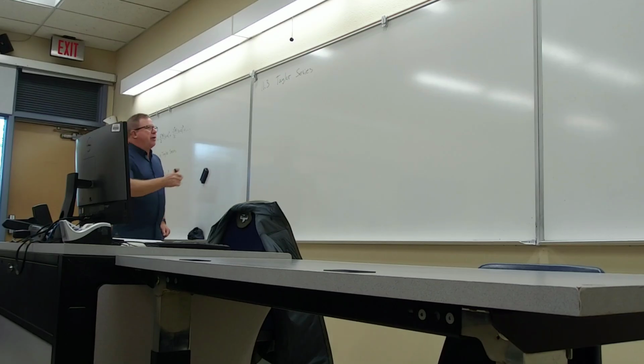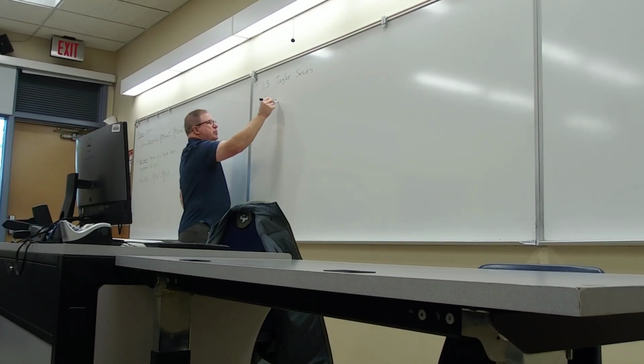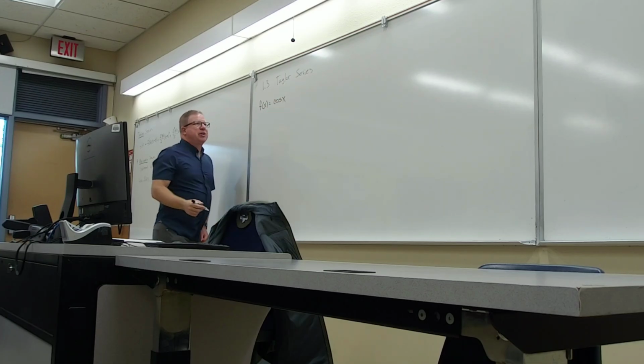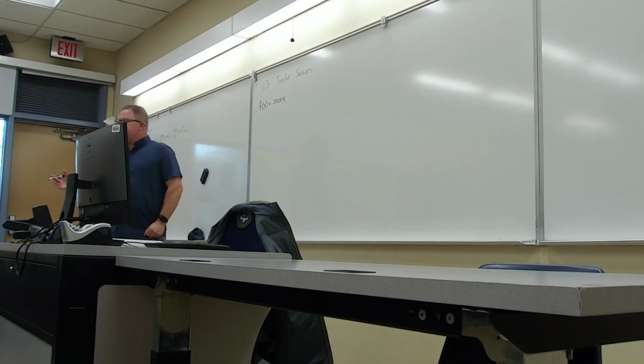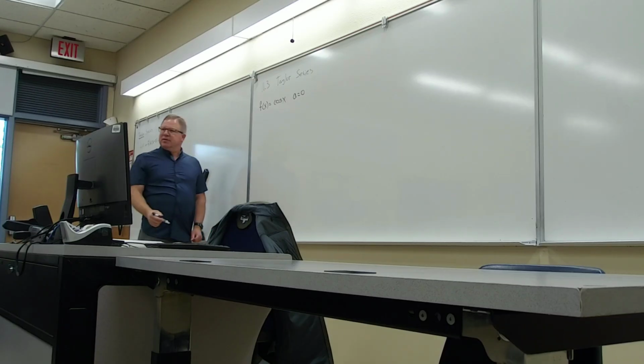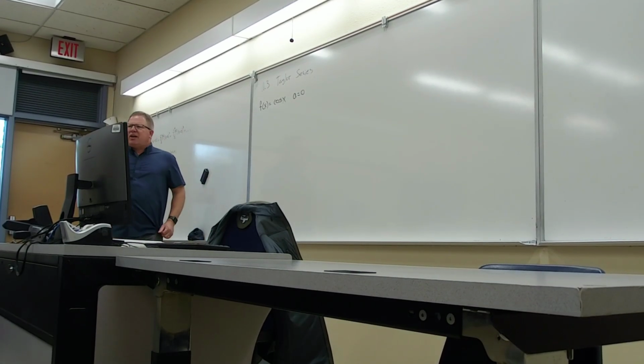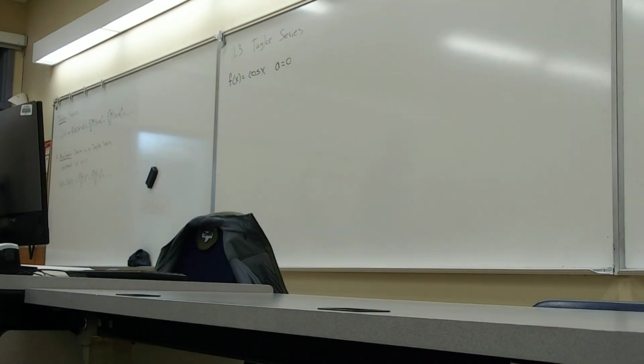All right, so we've got f of x equals cosine x. And because we're finding a Taylor series centered at 0, also called a Maclaurin series, a will equal 0. The question is going to be, how far do we need to go?